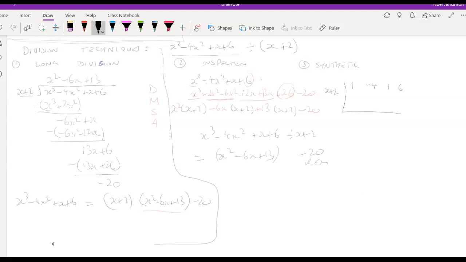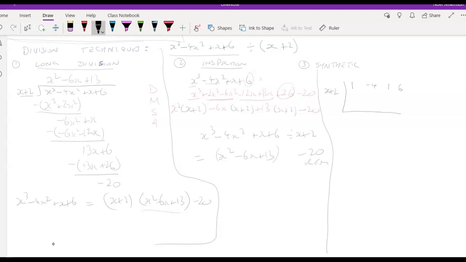It's the same. That's how you do it by inspection, if you don't want to do it by long division. I think long division is easier or better than inspection myself, but you can do it by inspection. Just take down some notes, pause the video, make sure you get all that taken down.